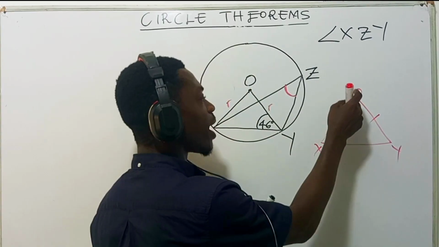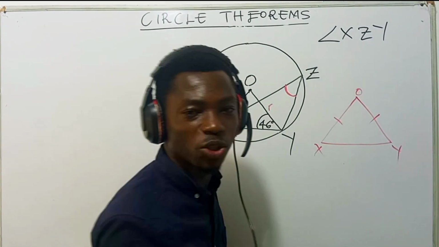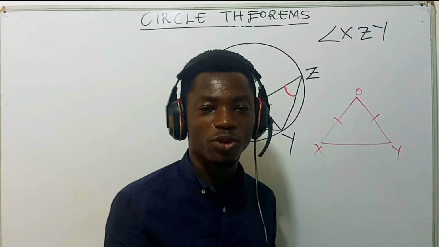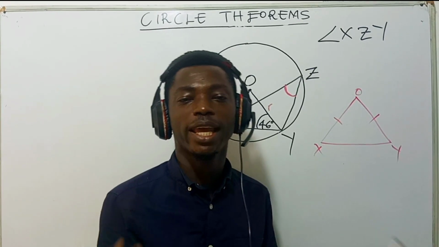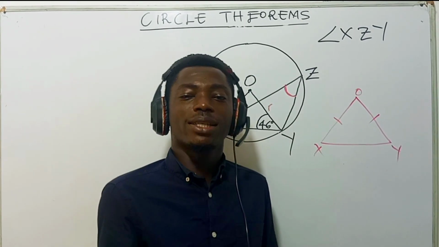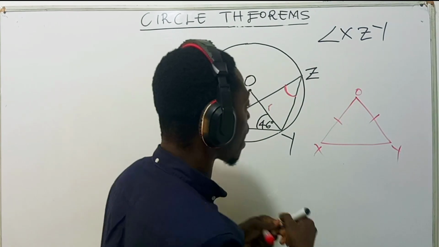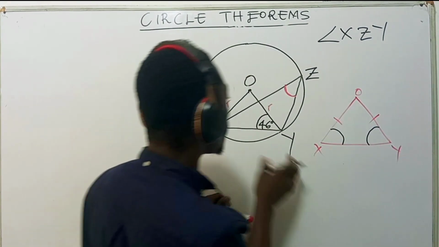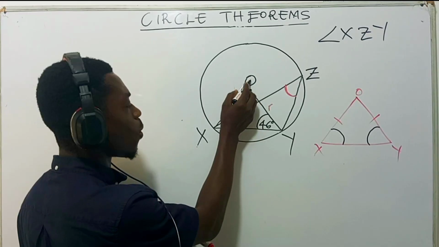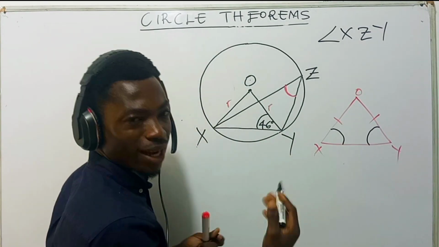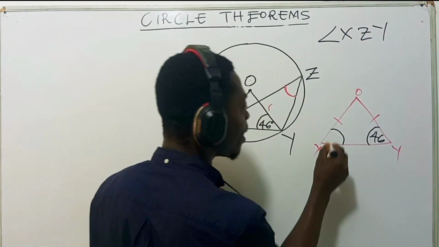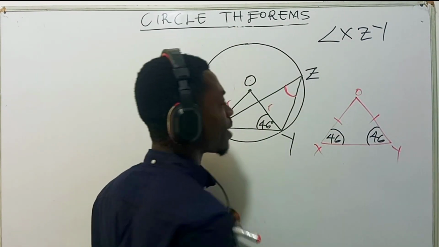So triangle OXY is actually an isosceles triangle, because an isosceles triangle is a triangle with 2 sides being equal. And if they are equal, what does that mean? It means that their base angles are also equal. All right. Now, when you look at this triangle OXY, the angle over here is 46, meaning this side is also 46.